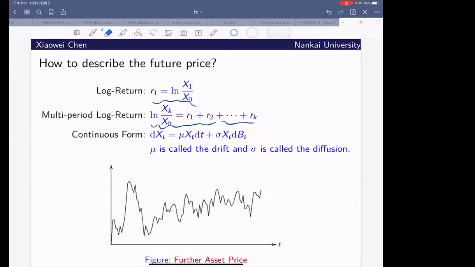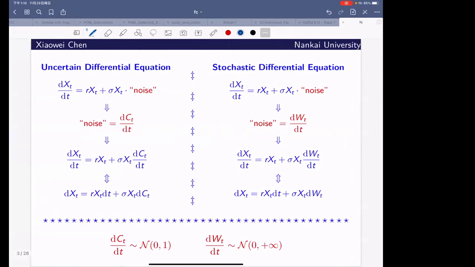Besides this model, in stochastic theory they also created a lot of other models, like martingales or Levy processes. But all of these models are in the framework of probability theory, so they have a big problem. The biggest problem is that in the stochastic model, they use dW over dt to describe the noise.